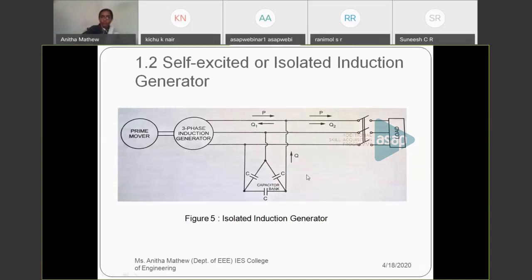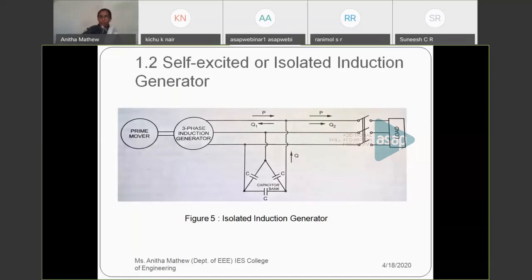This capacitor bank provides reactive power to the induction generator as well as the load. So the reactive power produced by the capacitor bank, Q equals Q1 plus Q2, where Q1 is the reactive power to the three-phase generator, and Q2 is the reactive power to the load.